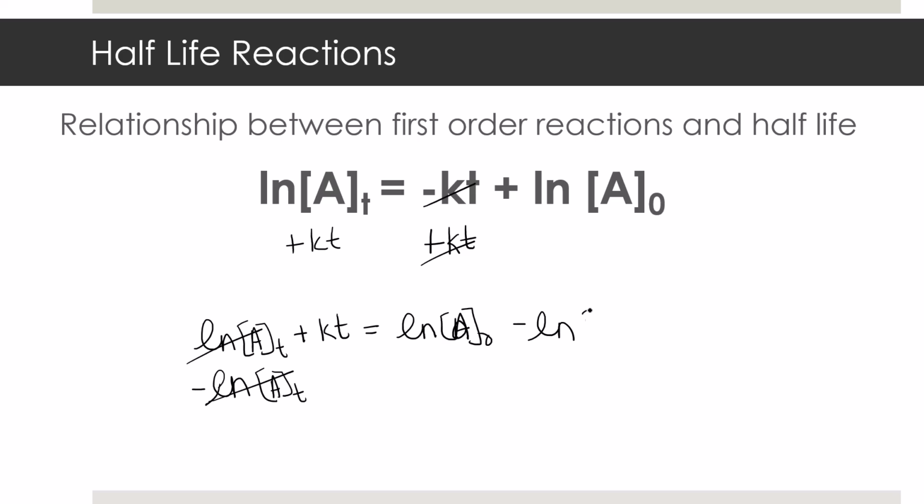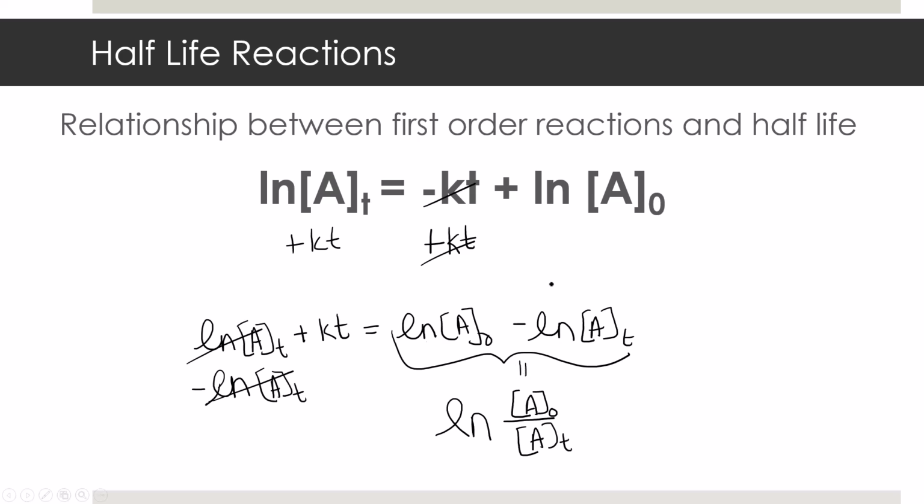One of the magical properties of natural log is that if I subtract two values, it's the same thing as saying the following: natural log of A at time 0 minus natural log of A at time t is also natural log of A at time 0 divided by A at time t. So these two statements mean the same thing.